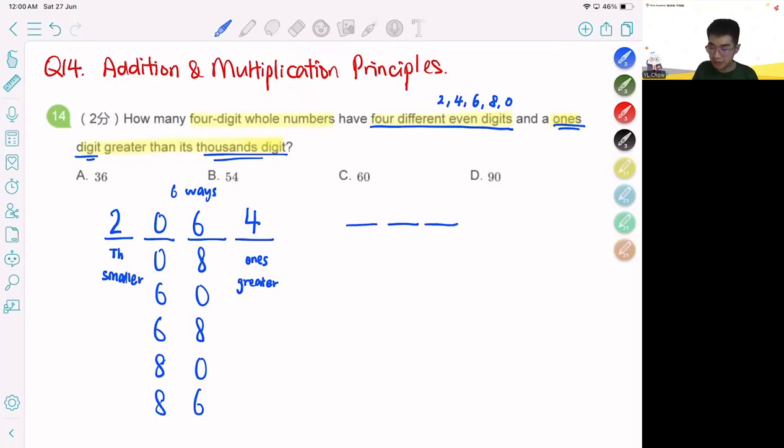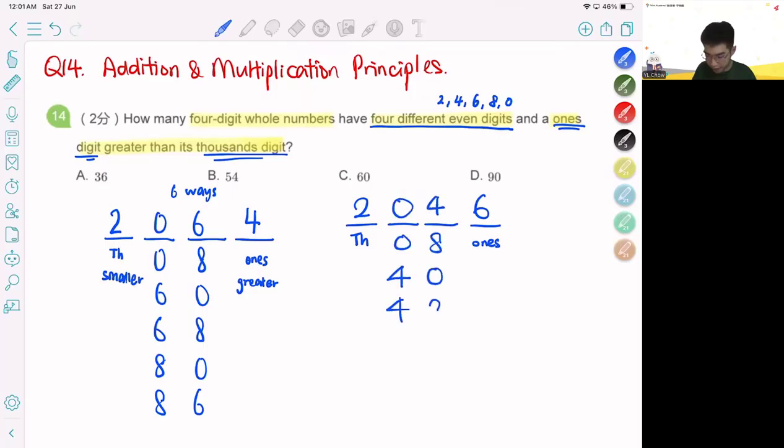However, if I choose 2 as the thousands digit, I can also choose an even greater ones digit, that is 6. And similarly, the digits left are 0, 4, and 8, which I can arrange in the middle two positions in how many ways? Let's try to list them out in order, without any repetition. 0, 4; 0, 8; then we move on to 4, 0; 4, 8; 8, 0; 8, 4.